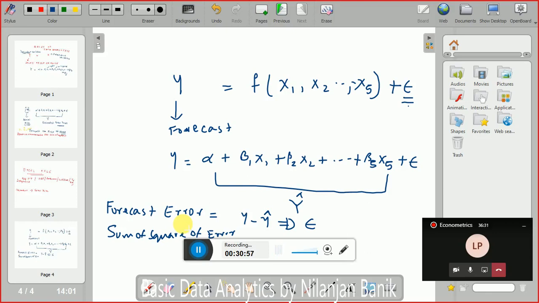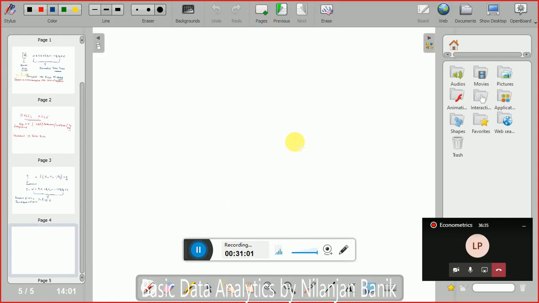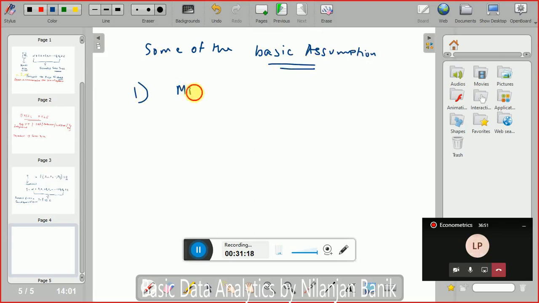Is it clear? So one of the basic assumptions of the model is that I have to minimize the sum of squares of error.